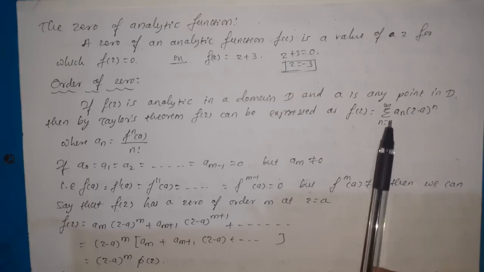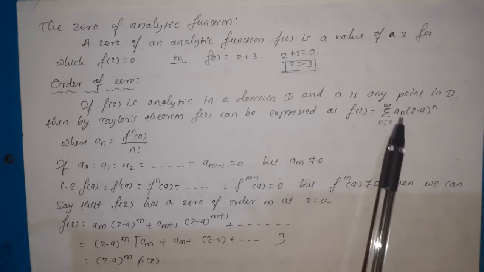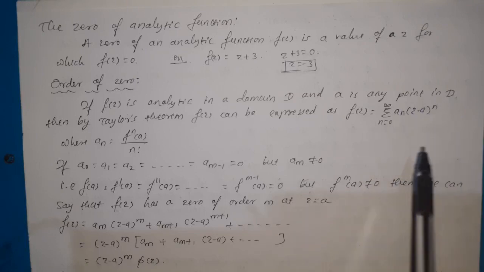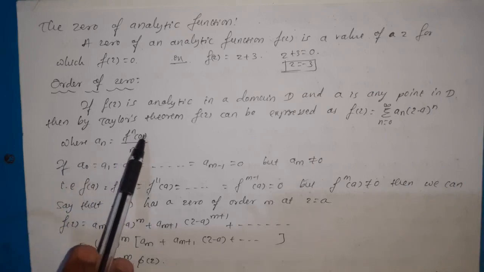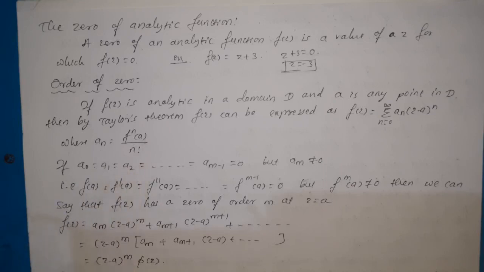So that is the expression for f(z) by using Taylor's theorem, where a_n is given by f^(n)(a) divided by n factorial. So here the power of f represents the order of differentiation.